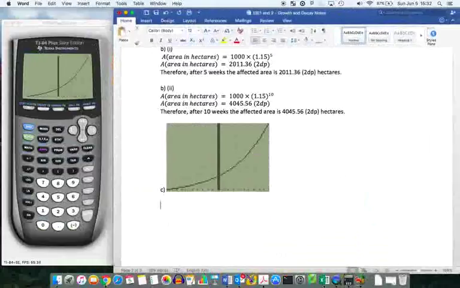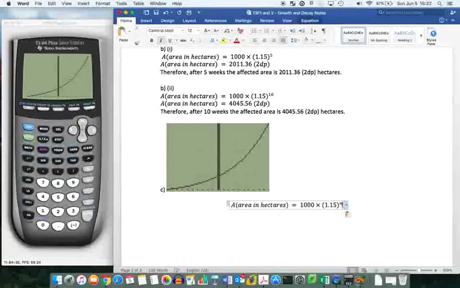So you guys are going to have to substitute. So what you can do is substitute in when it's 0, and you already know that that's going to be 1,000. So when x is equal to 0, it's going to be 1,000.